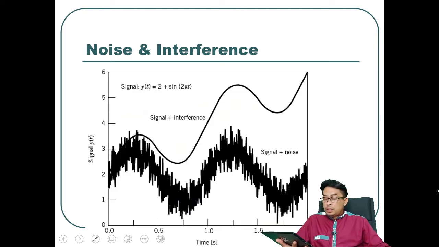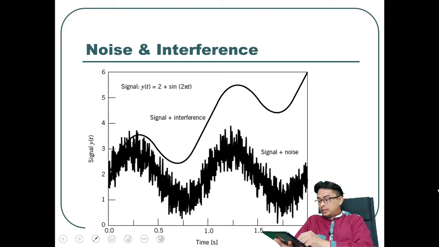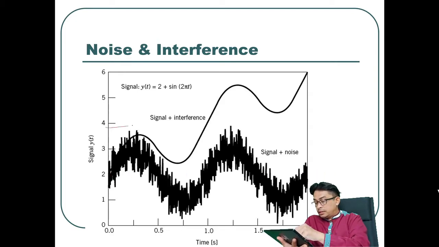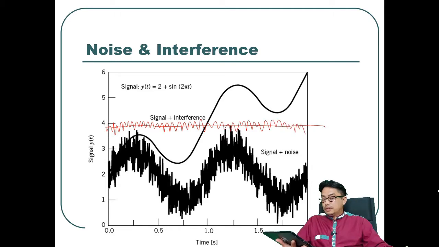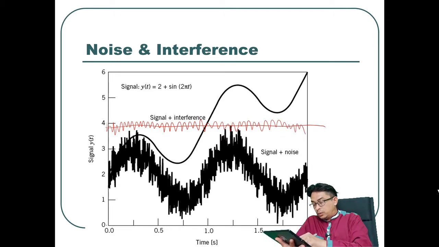All right, this is an example of noise and interference. This is the true signal. This is the noise. It always happens. If there is no signal, for example a straight line signal, noise will be like this. Let's say the signal is 0, so no signal, noise will still be there. It's always there.